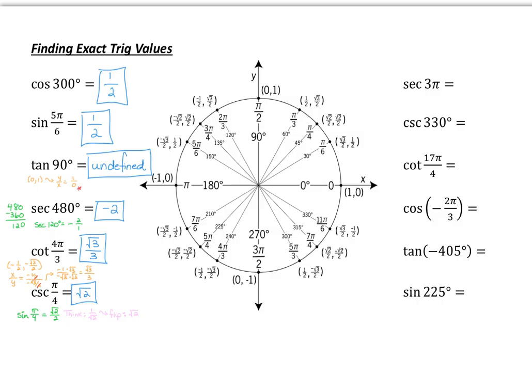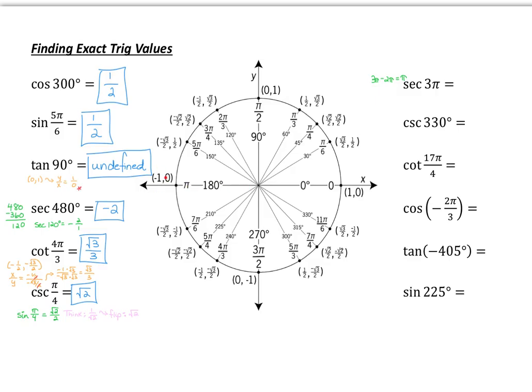On the other side of the page, 3 pi is actually, hopefully you can tell at this point that 3 pi is going to be a quadrantal angle, but it's still greater than 2 pi, and so you want to find the coterminal angle. So I'm actually going to start by saying 3 pi minus 2 pi is 1 pi. And so 1 pi is over here, the negative x-axis.